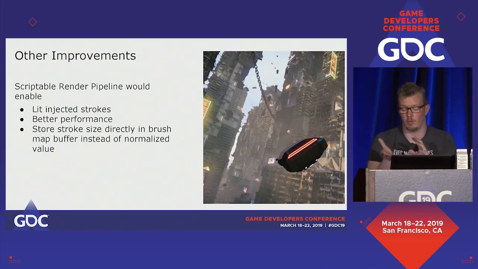So in the future, I would store all of this in a 16-bit half precision value instead, so you don't have that coupling between all the brush sizes. That would have saved our lead artist a lot of time in the end.